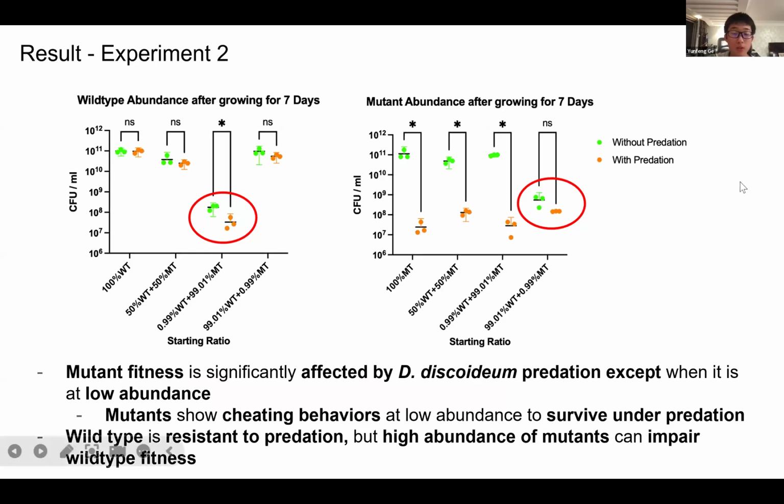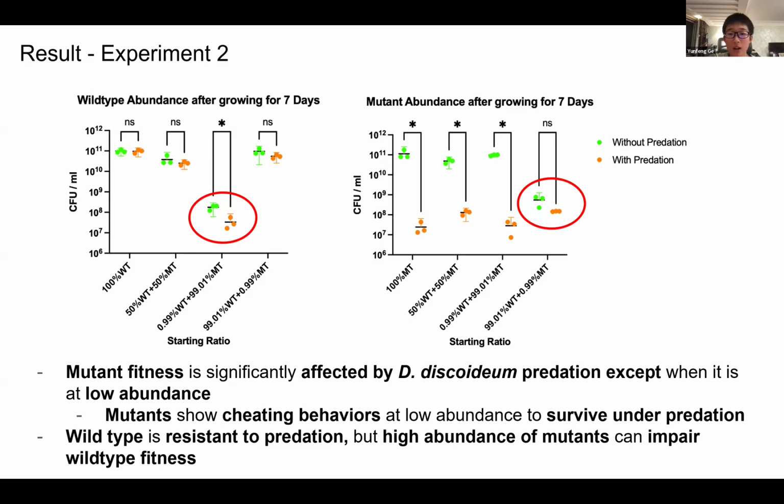So here are the results. We can first look at the right graph, which shows the mutant abundance. And it's very interesting that the mutant fitness is significantly affected by Dicty predation when it's at high or equal abundance with the wild type, or just exclusively mutants, except when the mutant is existing at a very low abundance.